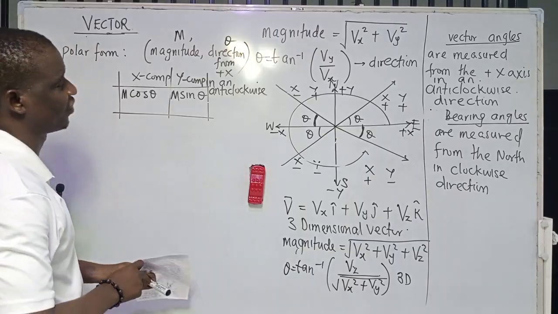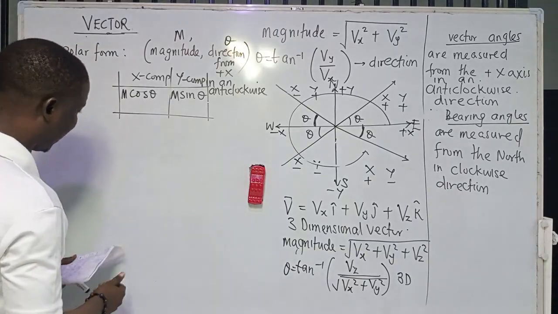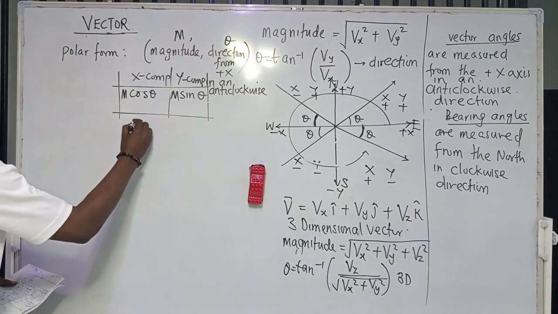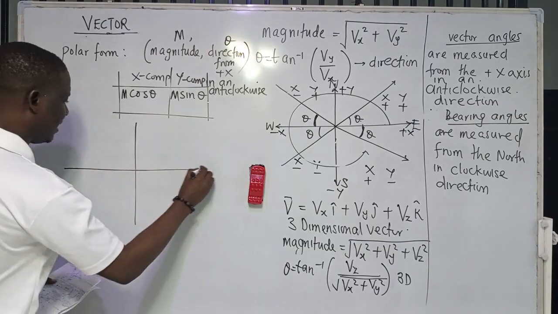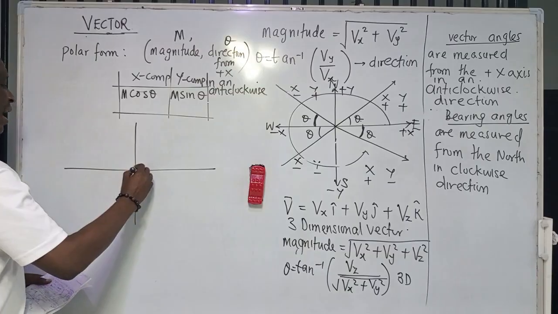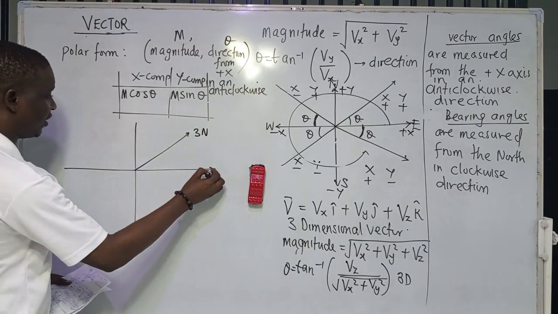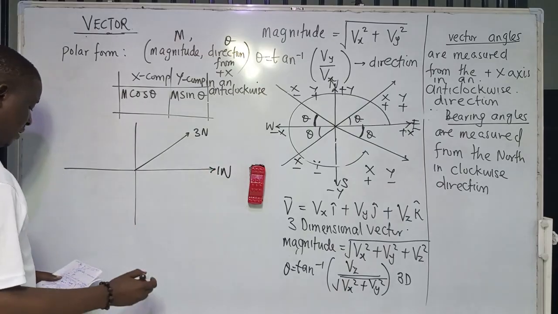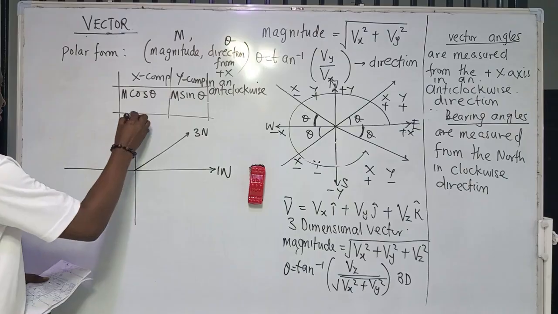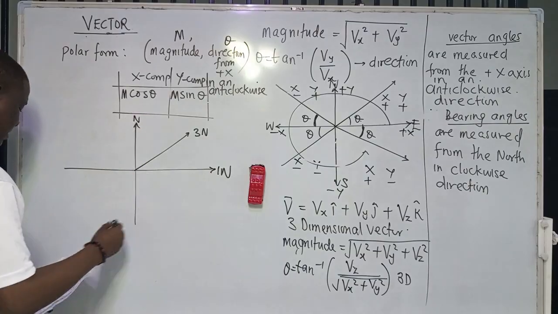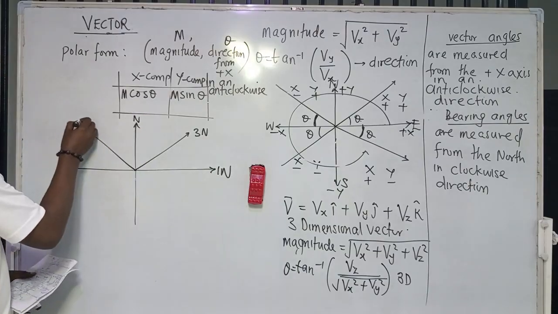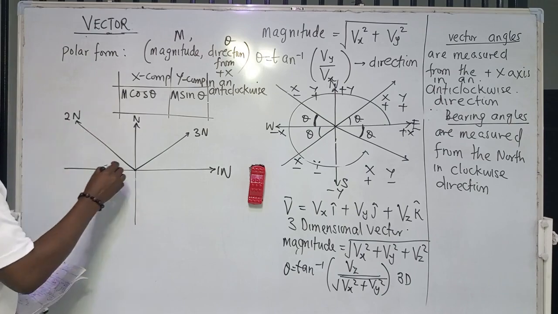Now let us see how we can apply it. Let's take an example where you have 3 Newton, and 1 Newton here. This is north, this is east. Then here is 2 Newton.